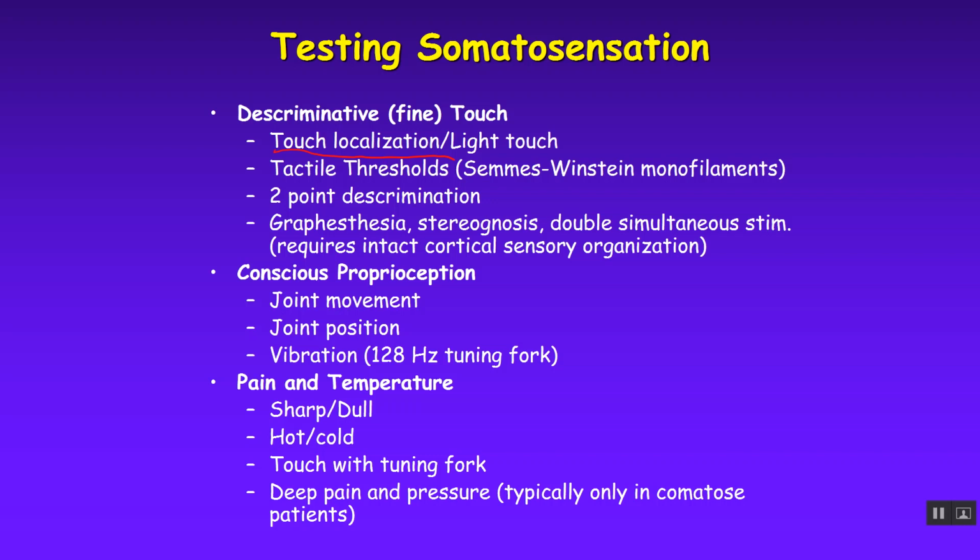It's a little short piece, and they're different thicknesses, and you press it onto the skin and you deform it. And we'll let you guys pass those around and play with those later. And if they can feel it when you press and it deforms, then that means they can identify that particular amount of pressure on their skin. It's a way of gradation to give a gradient to the amount of pressure you're feeling on your skin in a somewhat measurable way, right?